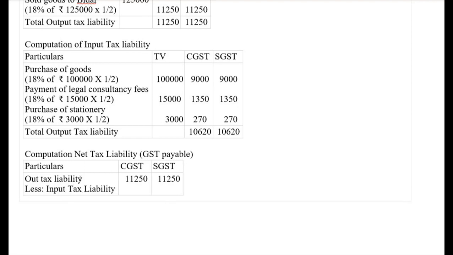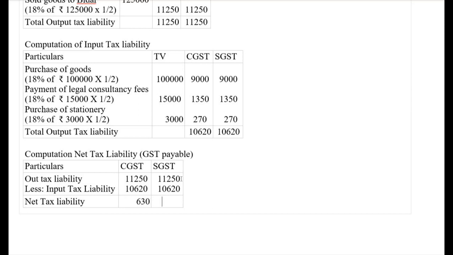We have computed it as 10,620 here, and here also 10,620. So the net tax liability will be rupees 630.